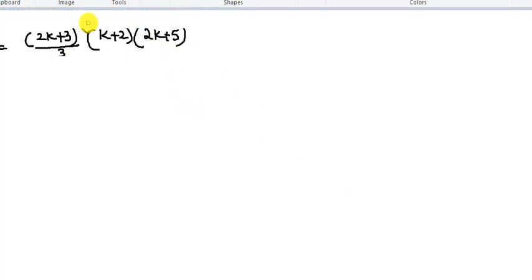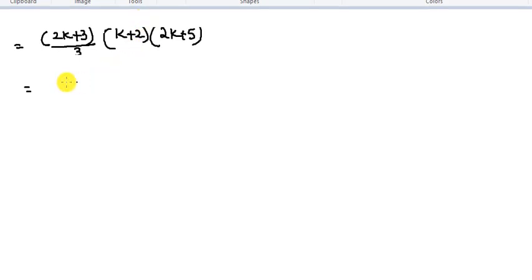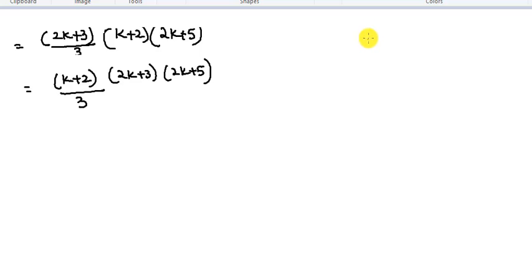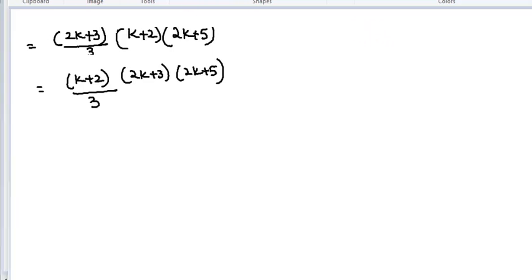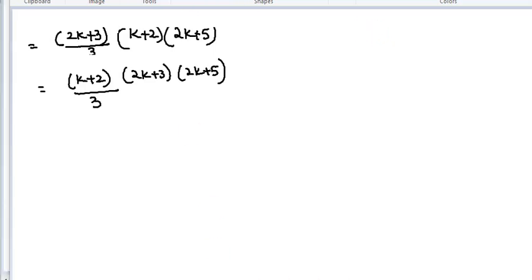So now I'm going to reshuffle this. Remember that we are trying to express in terms of k plus 1, right? Remember that our term is k plus 1. So that's where we are heading, k plus 1.